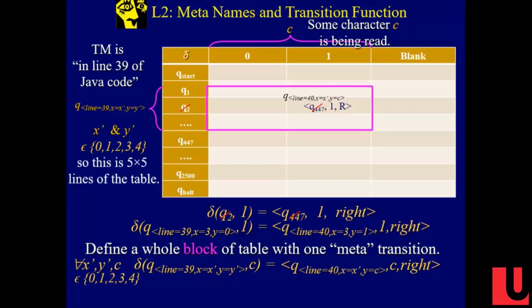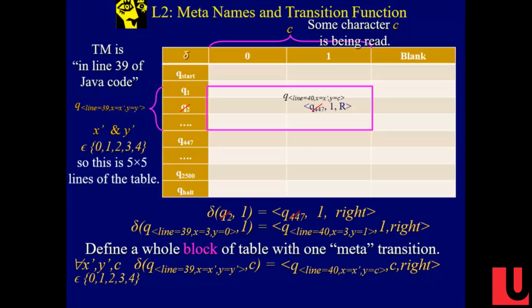We're not counting the area of the table. We're counting the number of states. So here are all the possibilities for this, and here are all the possibilities for that. Does that answer your question? Excellent. Thank you. It's always good to help me understand.